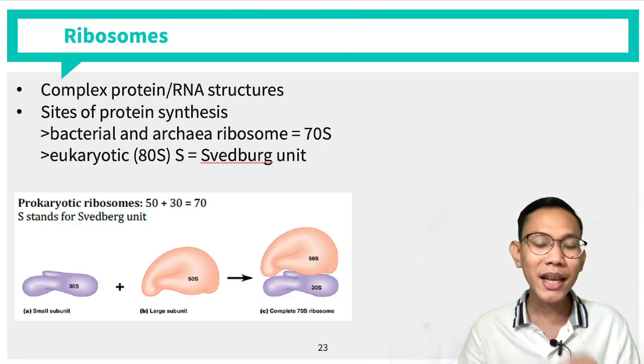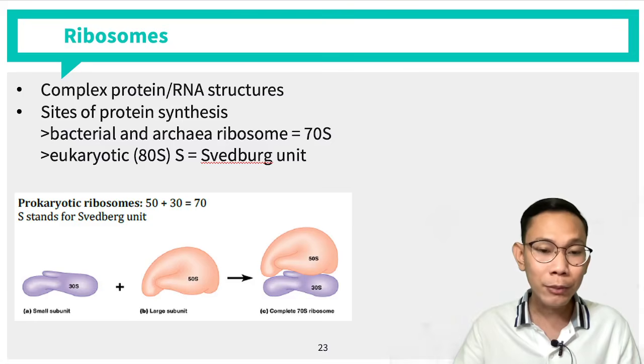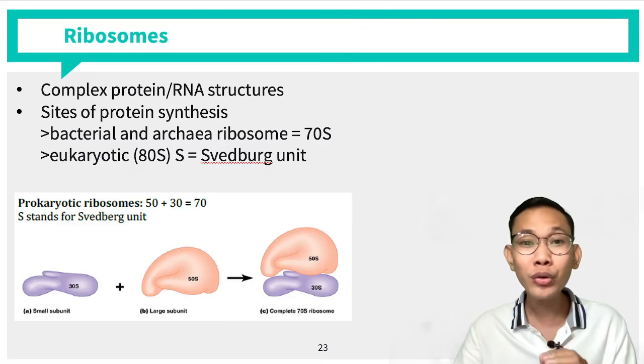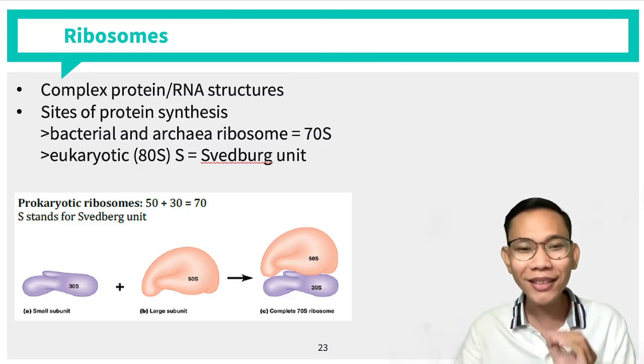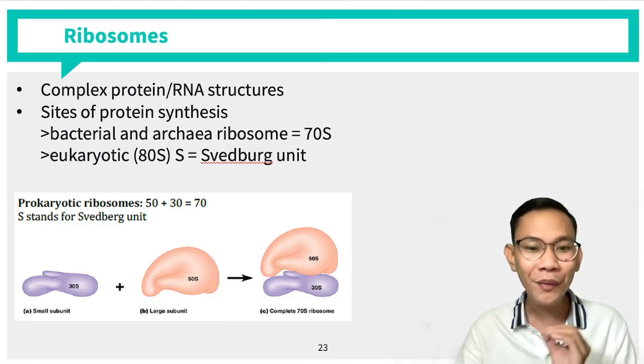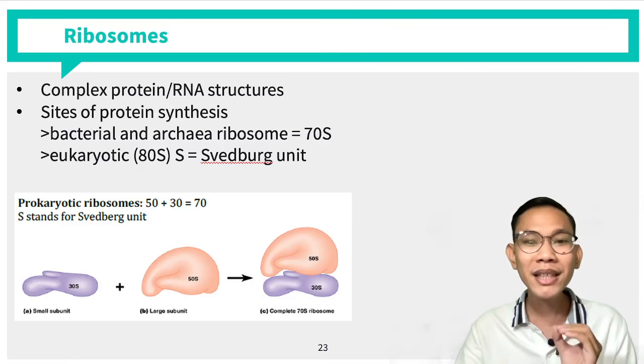With that being said, the smaller the Svedberg unit, it is directly proportional to the speed of your sedimentation. So therefore, it's opposite, not directly proportional. It's actually the opposite. So pag maliit, when the number is lower, therefore it is faster. Pag malaki, the sedimentation rate is actually lower.